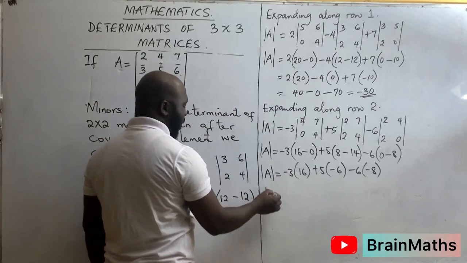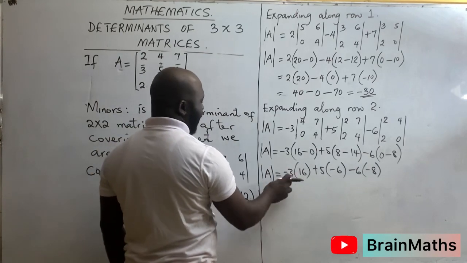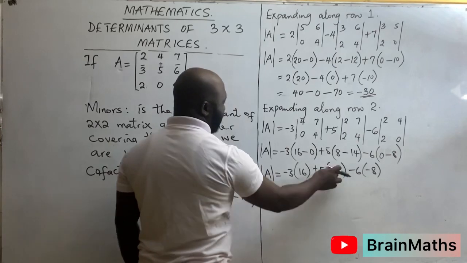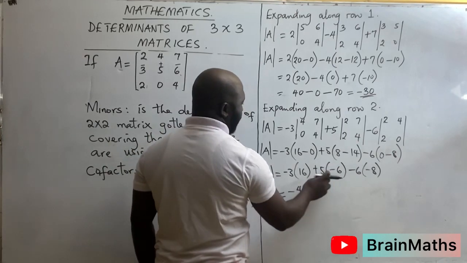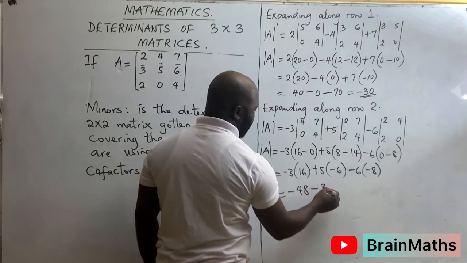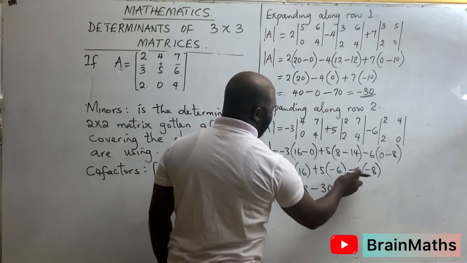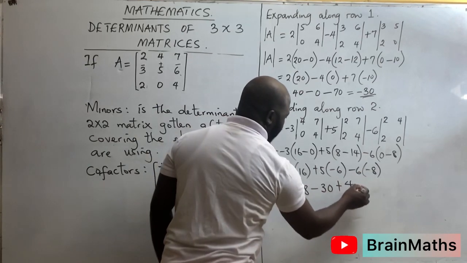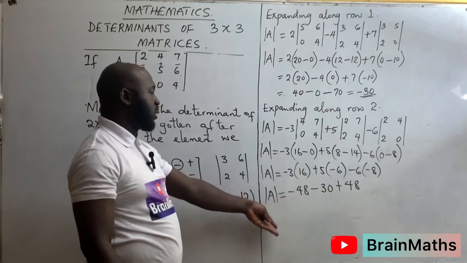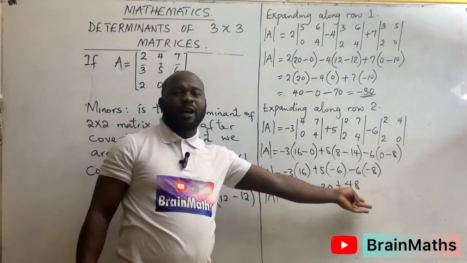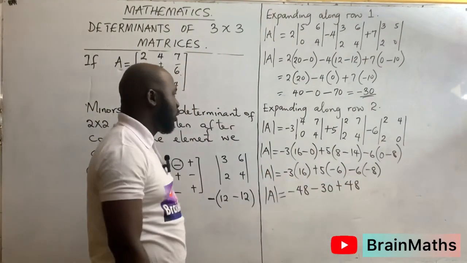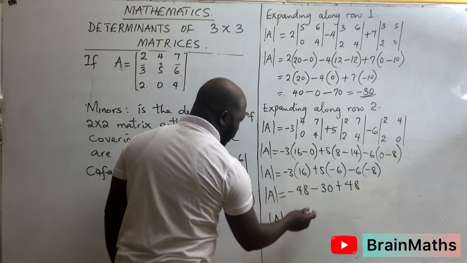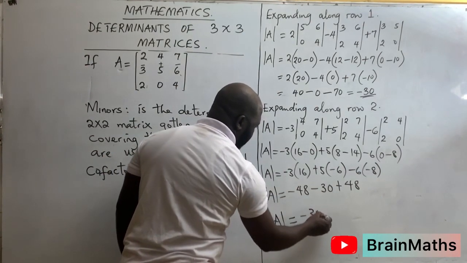So we have the determinant of A to be minus 3 times 16. That is minus 48. Plus times minus, minus 5 times 6, 30, plus minus times minus, plus 6 times 8, 48. And it is obvious that minus 48 and plus 48 will give us 0. So we are left with the determinant of A is minus 30.